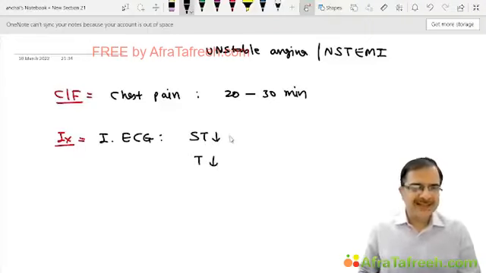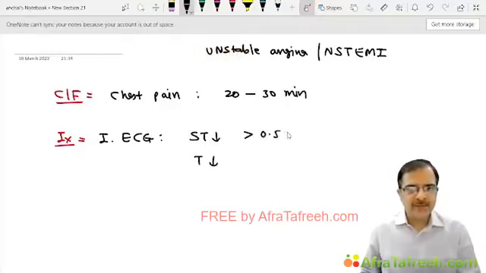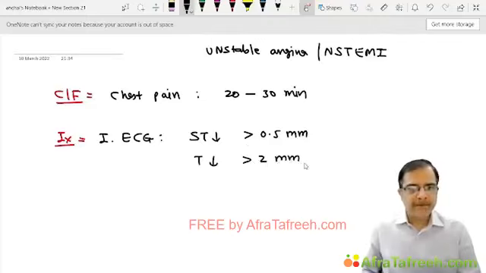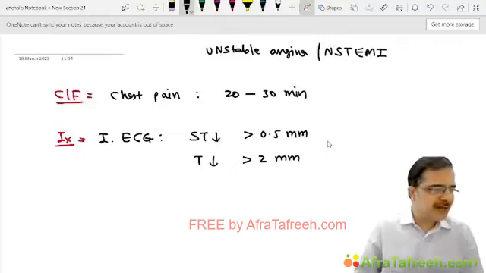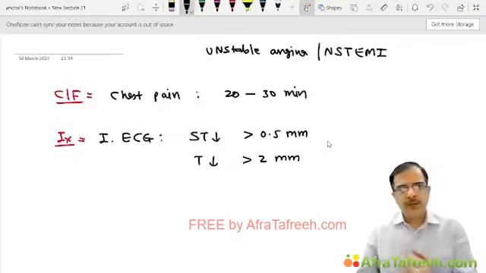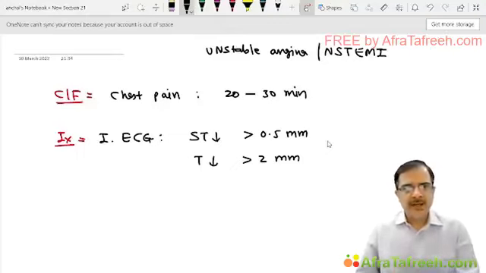The cutoff for ST depression should be more than 0.5 millimeters, and T wave inversion more than 2 mm. These are suggestive of non-ST elevation MI or unstable angina.